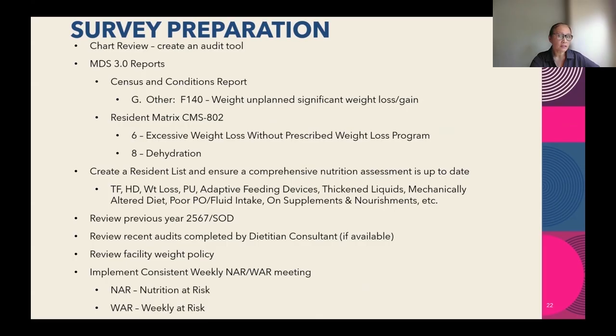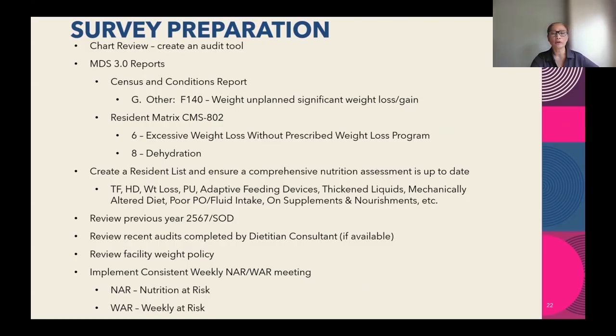Creating a list of residents to ensure comprehensive nutrition assessment is up to date. So some examples would be residents that are on tube feeding, hemodialysis, obviously weight loss, pressure ulcers, residents on adaptive feeding devices, thickened liquids, et cetera.